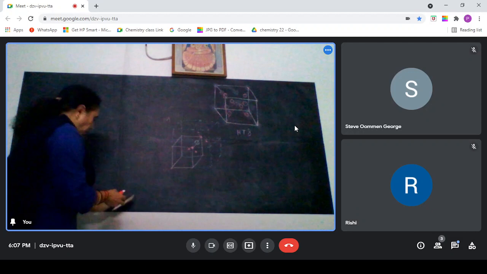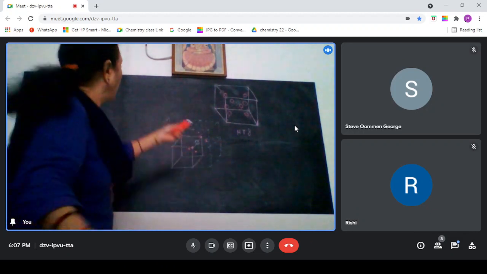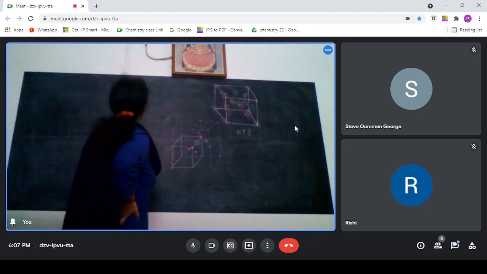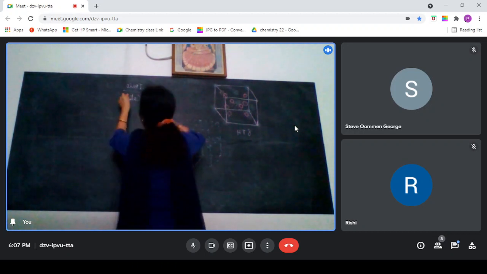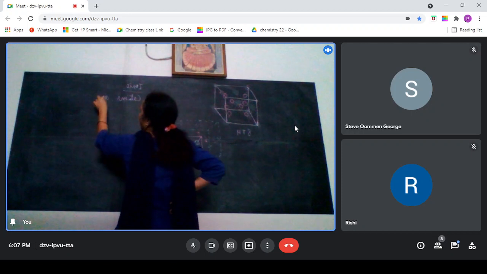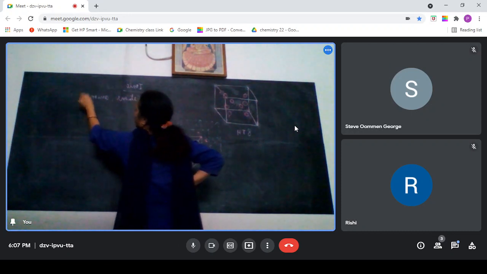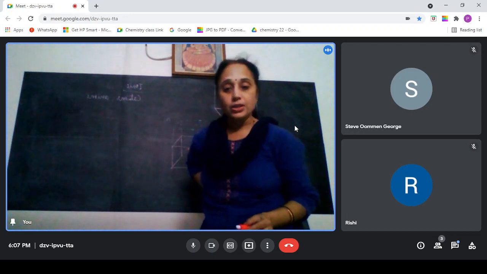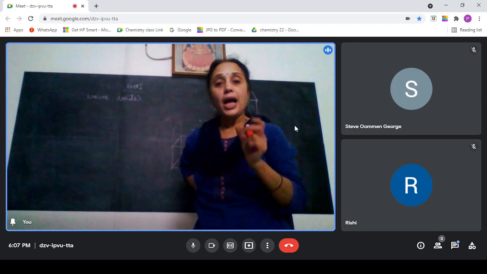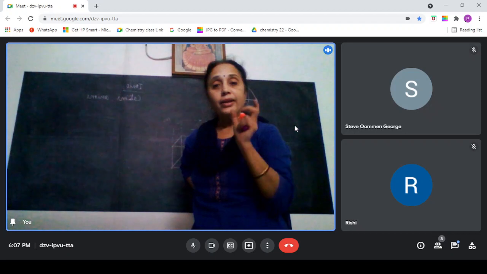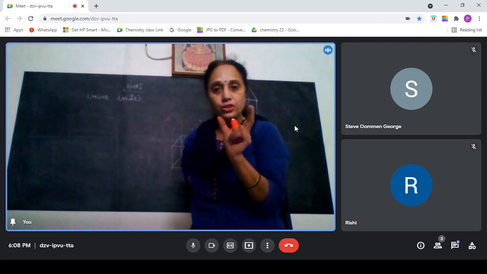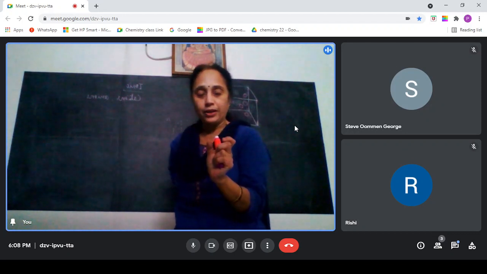Now, what will happen is, see, if you have an ionic compound, you will have cations and you will have anions. You know that the size of the anion is bigger because you are adding one extra electron. Anions are bigger than the cations. Cations will shrink; the size of the cation is smaller.